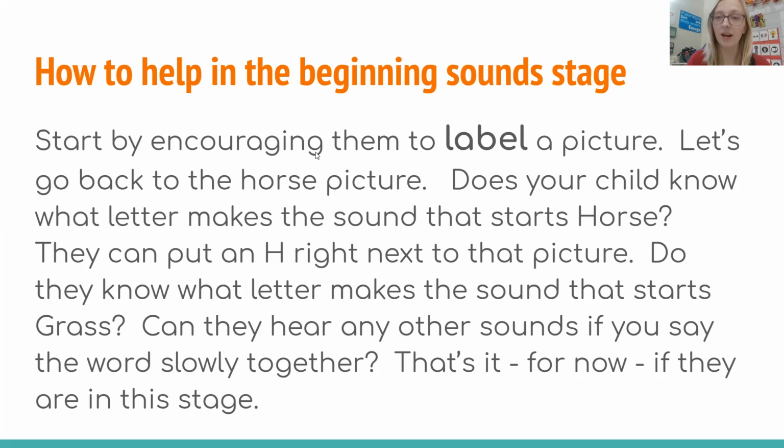Then they can label the grass with that letter. Can they hear any other sounds if you say the word slowly? Like horse. I hear H, R, and S. Those are the sounds I hear based off of just knowing the alphabet sounds. But if they don't know any more than just the first sound, that's it for now, and they're in the beginning sound stage.